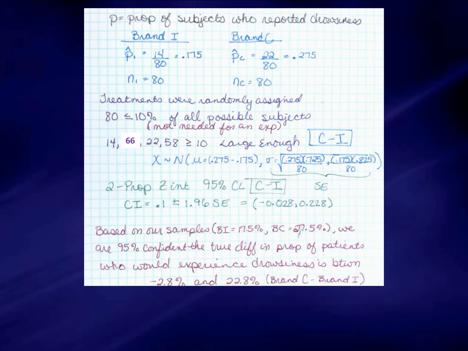Also with this, I labeled mine as P hat I and P hat C. If you wanted to talk about them as group 1 and group 2, you would just need to write down brand I equals 1, brand C equals 2, however you'd want to do that. And I'll get to the order of things in a little bit.